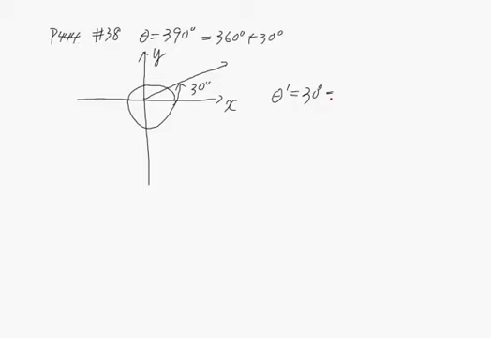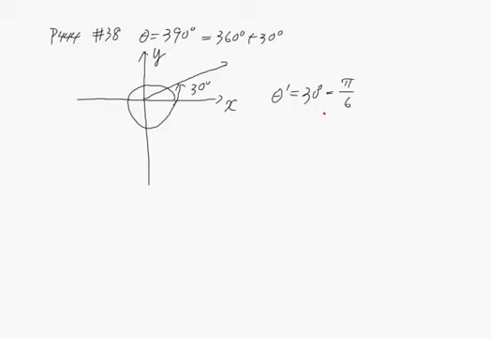In radians, pi over what? Pi over 6, right? 30 over 180, you get 1 over 6. So this is the first example.